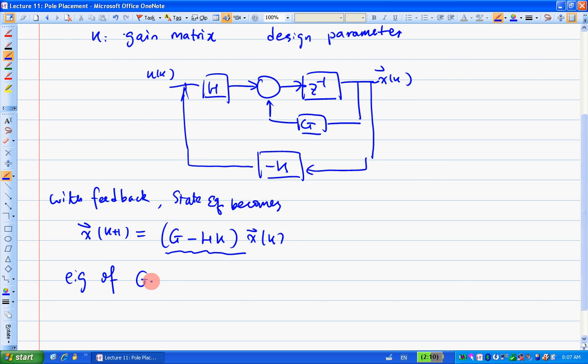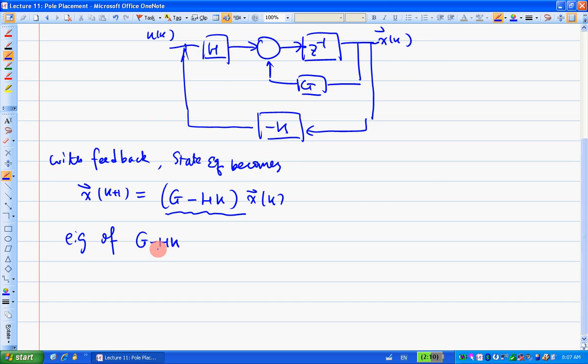So the eigenvalue of this basically determines the response or the characteristics of the system, right? So the location of the eigenvalue of this guy here. And G and H are known in the system matrix, so we can't change that. So the only manipulable parameter that we can work on is this K here, right?